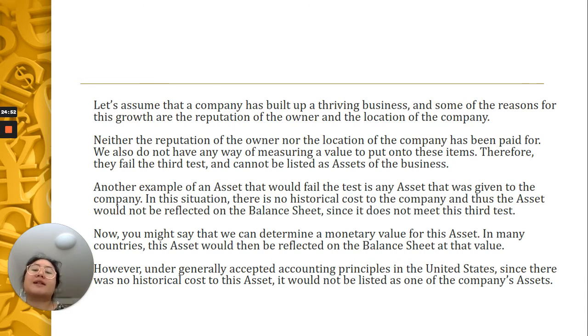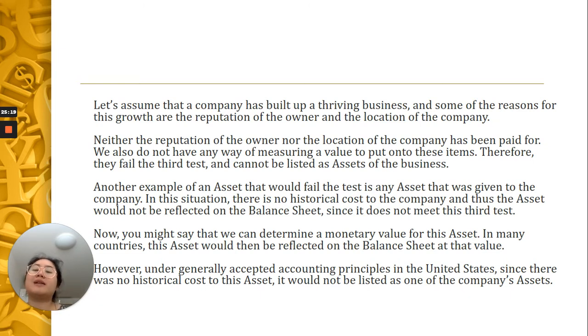Another example of an item that would fail the test is an asset that was given to the company. In this situation, there is no historical cost to the company, and thus the asset cannot be reflected on the balance sheet since it does not meet this third test.